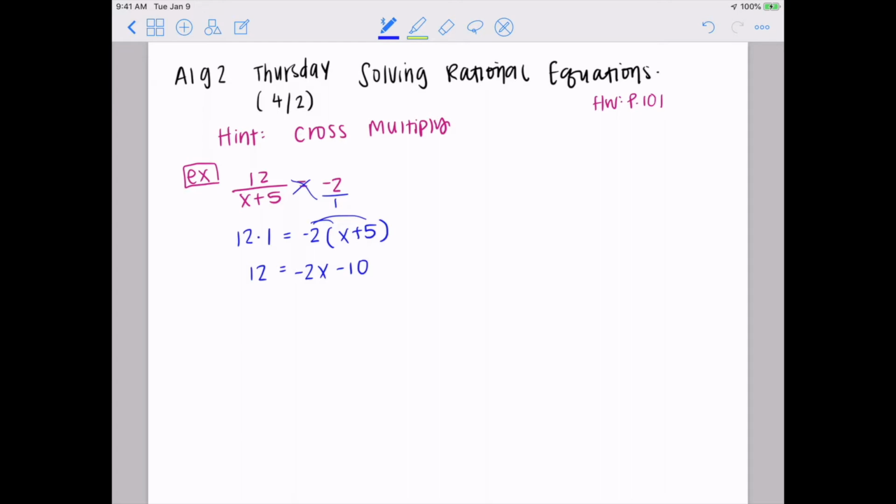Okay, so we can add 10 on both sides. We get 22 equals -2x, x equals -11. Okay, and then we also need to talk about the restriction. Focus on the denominator. The only one that really matters is x plus 5.